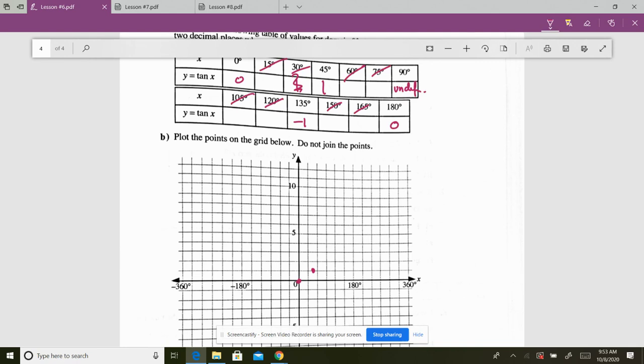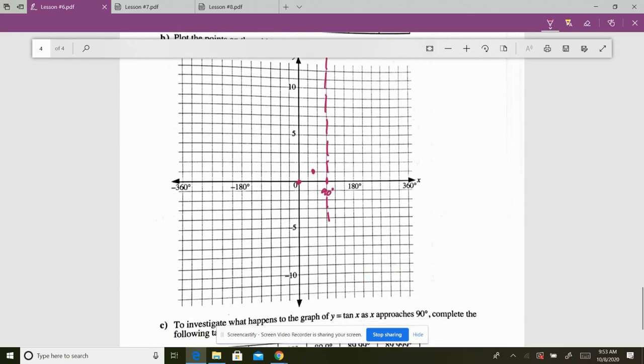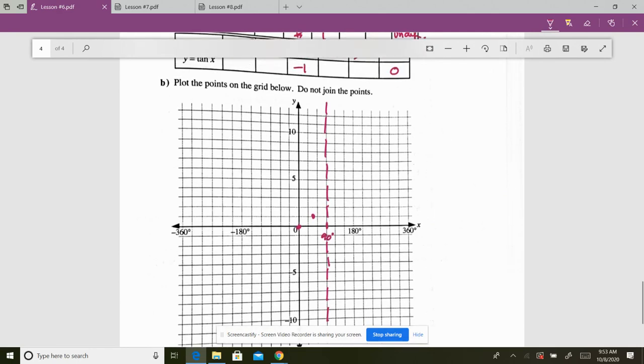We get undefined. What that actually means is it's a vertical asymptote at 90 degrees.